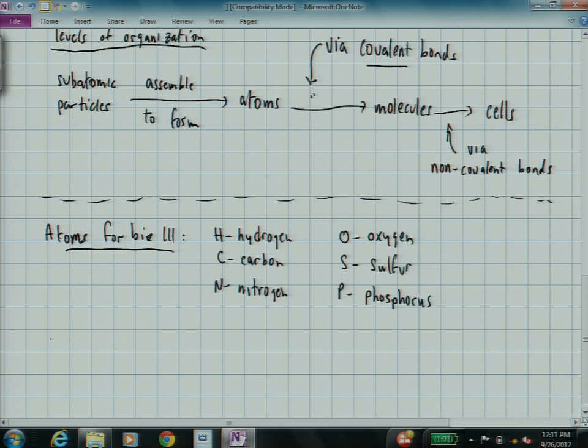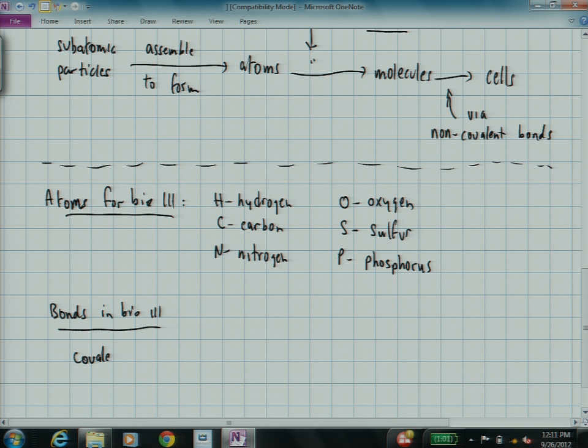Bonds in Bio 111 are covalent and non-covalent. And the non-covalent can be what we call ionic, as somebody asked about a second. Also you might have heard of those things called electrostatic bonds.